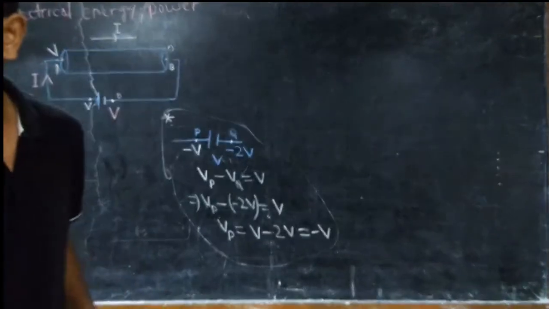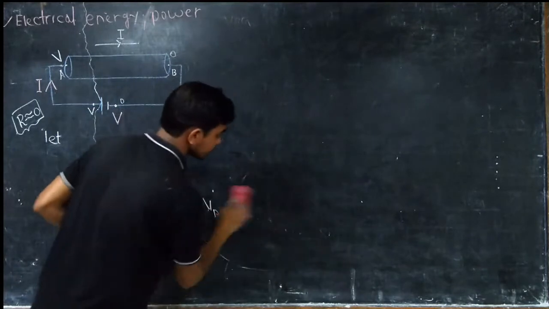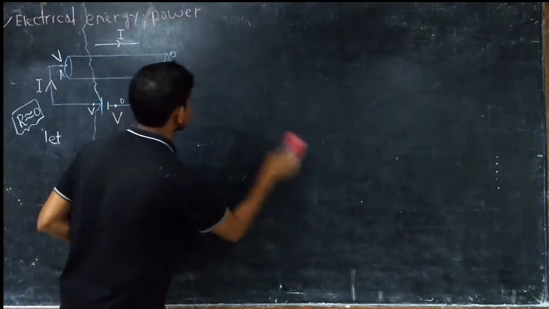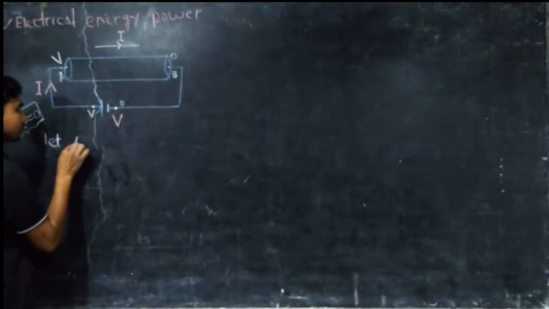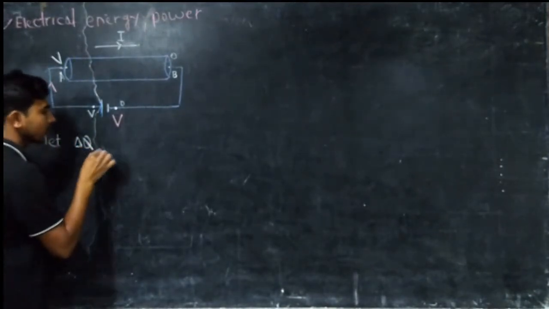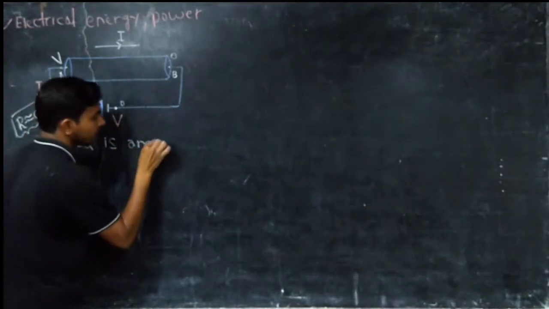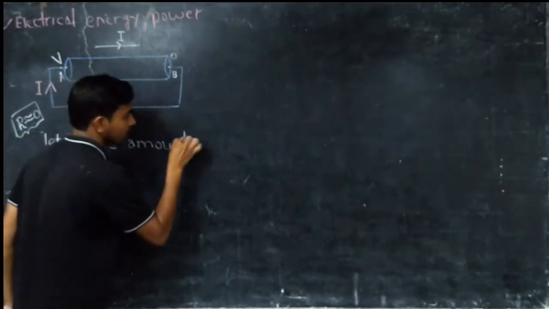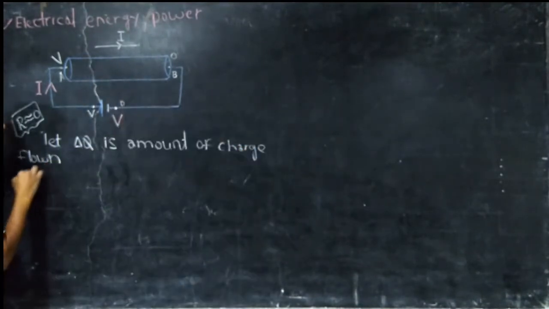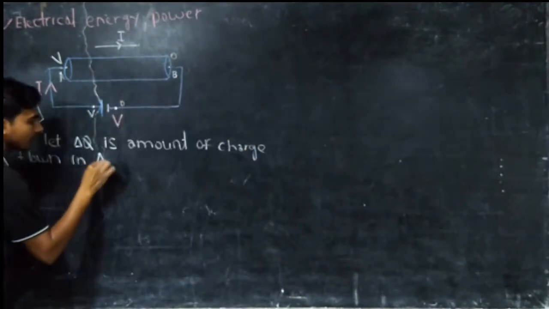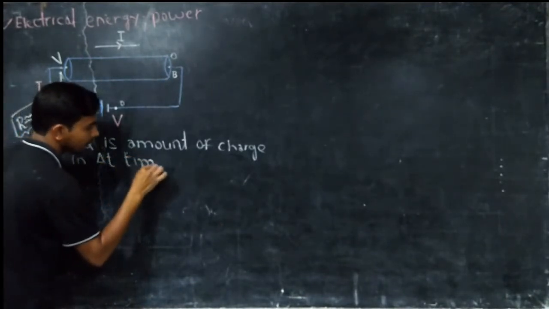Now we can write, let delta q be the amount of charge flown in delta t time.